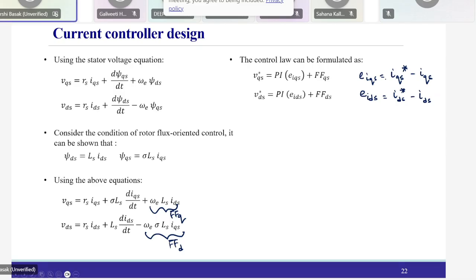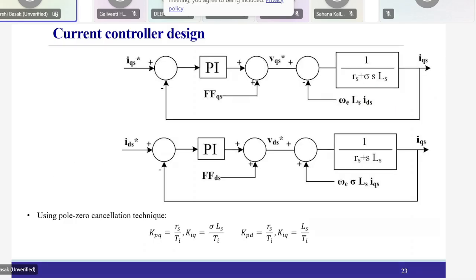Okay. And then you give the feed forward control. The feed forward control will help you enhance the dynamic performance. Okay. So corresponding to a certain speed, if there is a certain jump, then it will give some voltage boost itself such that the burden on the PI controller is reduced. Okay. So that is the effectiveness of the feed forward term.